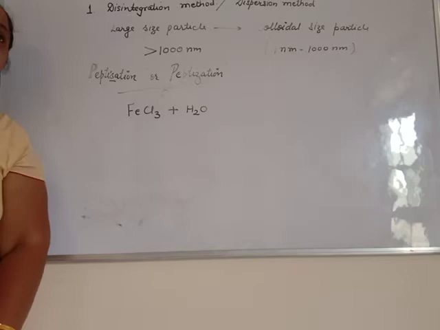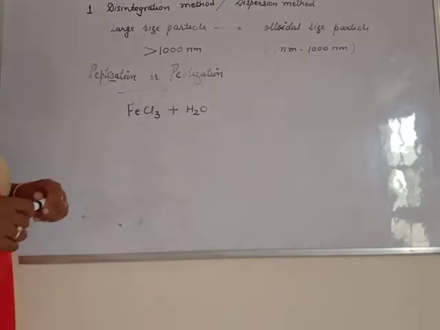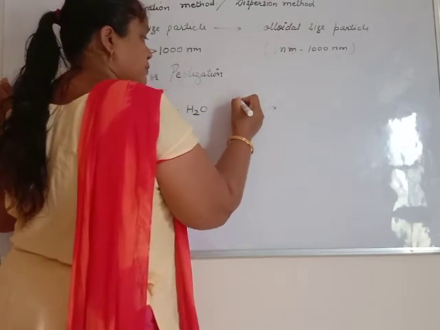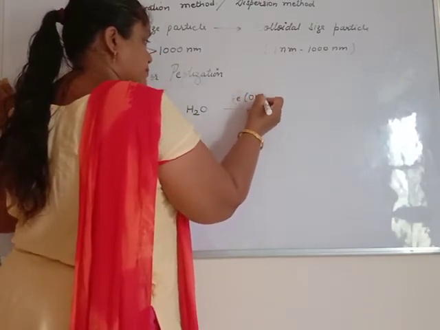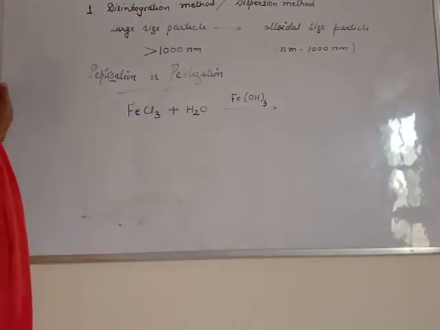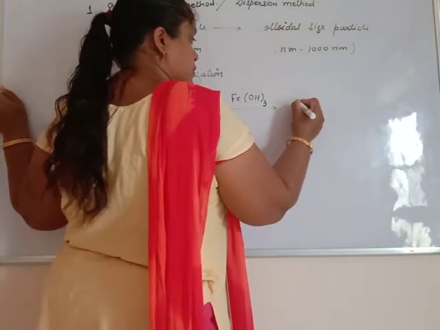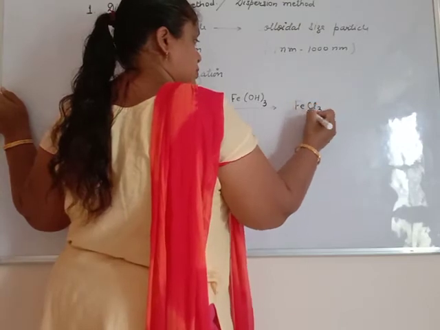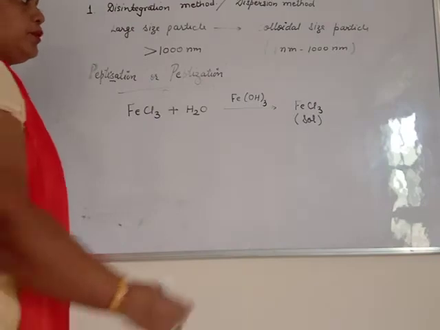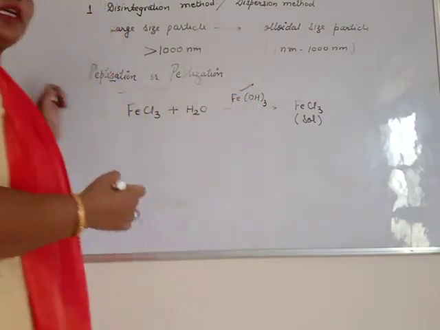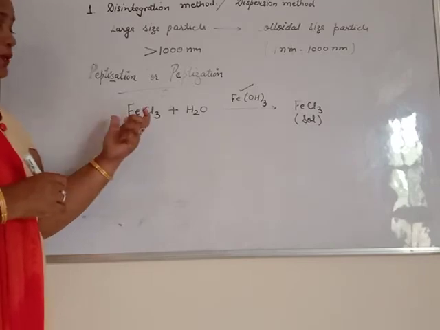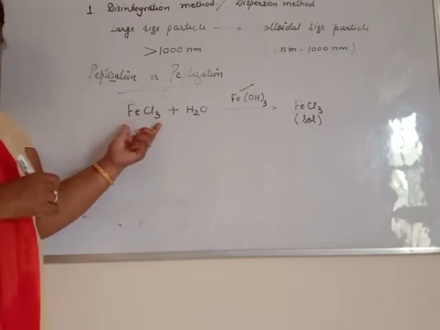That means a solution of ferric chloride is not prepared directly, but by addition of some amount of ferric hydroxide. By addition of a small amount of ferric hydroxide, the colloidal sol of ferric chloride is obtained. Why? Because this electrolyte gives some type of common ion that will be absorbed by our substance.